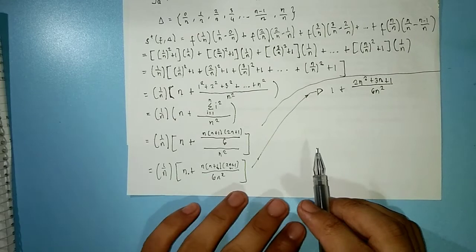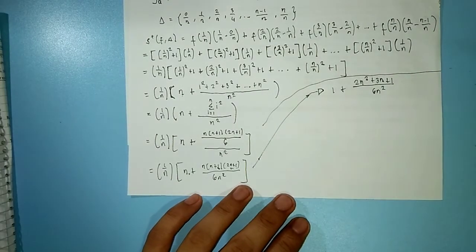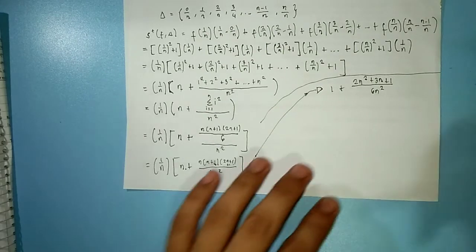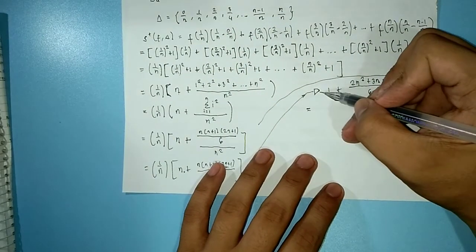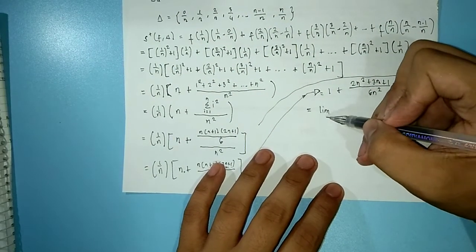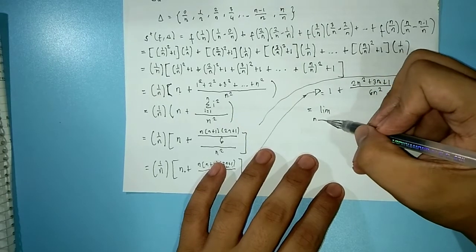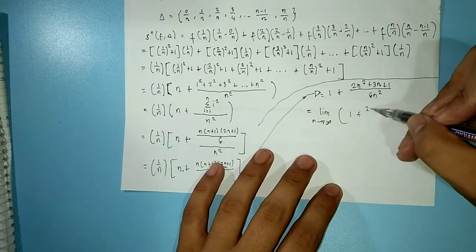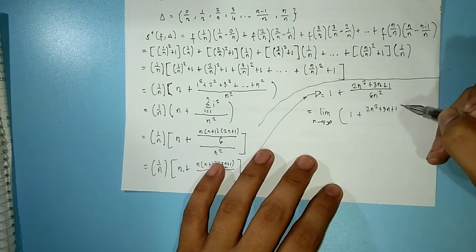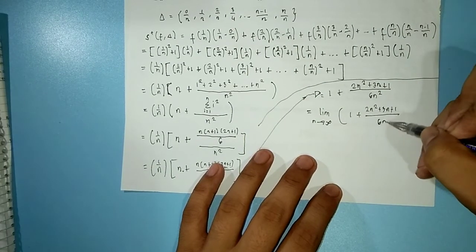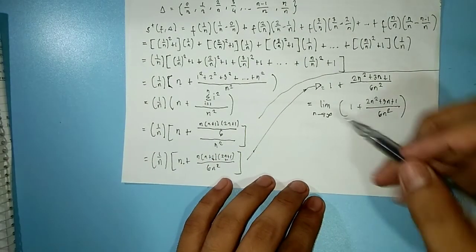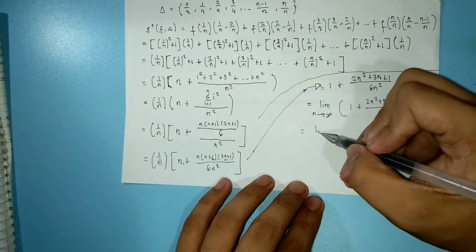Okay? So here it is. Now, let's take the limit as n approaches infinity of 1 plus (2n squared plus 3n plus 1) over 6n squared. We have a technique for this, right?